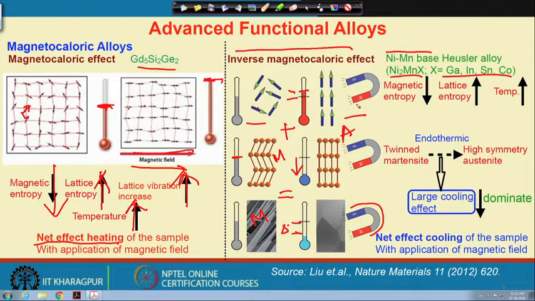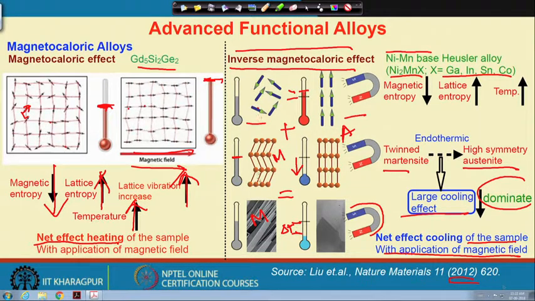One is the magnetic entropy change, and the other is twinned martensite transforming into high symmetry austenite. There is a large cooling effect that basically dominates, and so the net temperature decreases. The net effect of cooling in the sample occurs with application of the magnetic field, and this is called the inverse magnetocaloric effect. This is also a very recently published work by Liu.